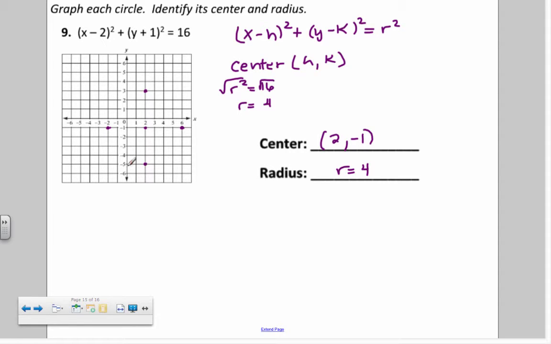Now that I have 4 points that lie on my circle, I can connect them with a beautiful circle, which mine will not be as round as I'd like it to, but there we go. I have a circle with a center of 2, negative 1 and a radius of 4.